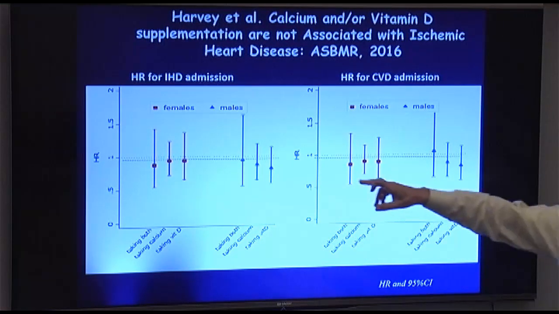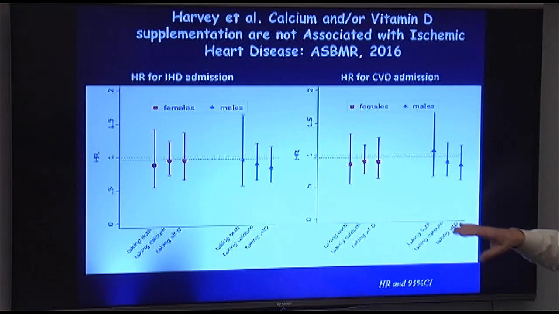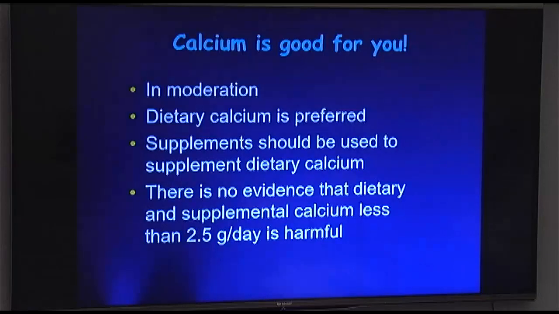And you can see that the hazard ratio with regard to those who were taking both or not was completely the same. So there was no association in men or women between intake of either calcium, vitamin D, or both on hospital-based admission codes for ischemic heart disease, any cardiovascular event, or death. So there didn't seem to be a differential by Nick's study.